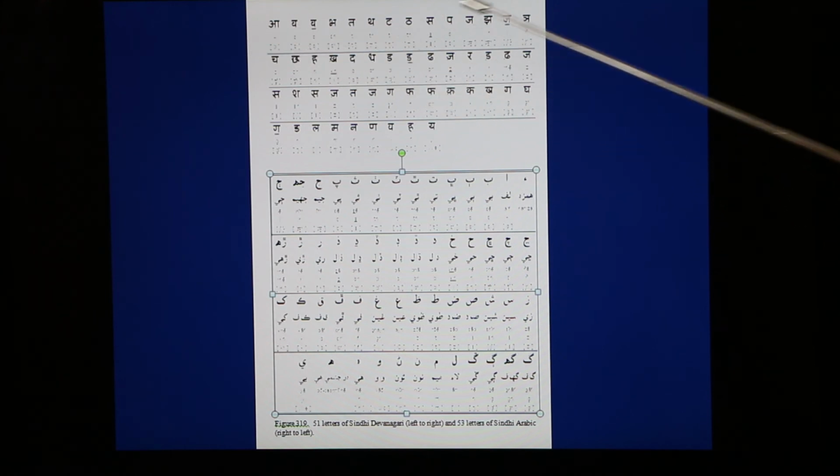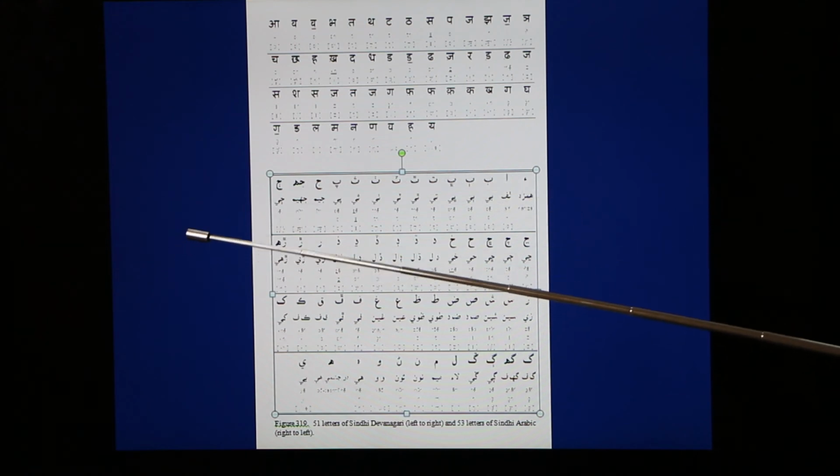Here I take you to two versions of the, coming back to this, remember we said that when we got to the Indus Valley, the letters which had been written from left to right also got a version writing right to left. And here you see Sindhi written in Sindhi Devanagari, starting here and going this way, and Sindhi Arabic going this way.